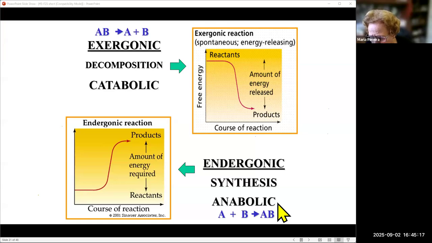To break apart covalent bonds, it releases energy. To form covalent bonds, you need energy.